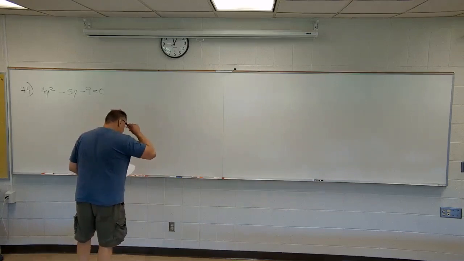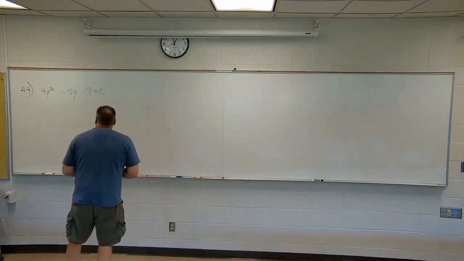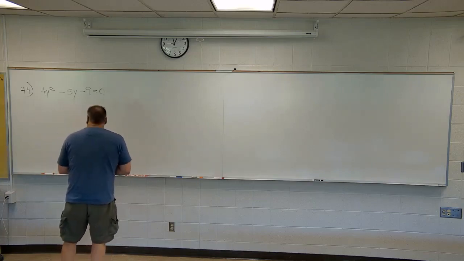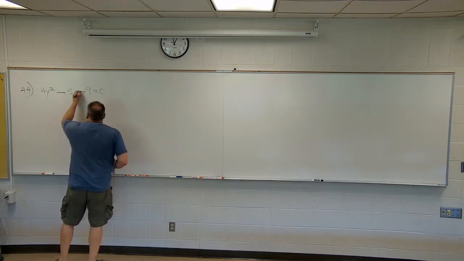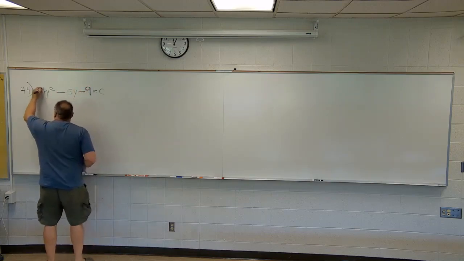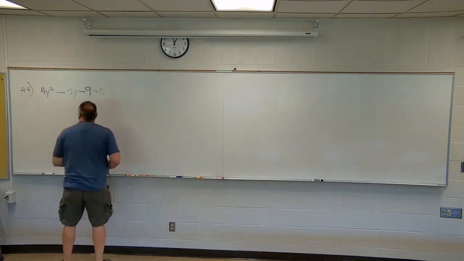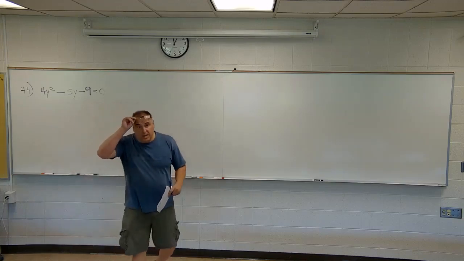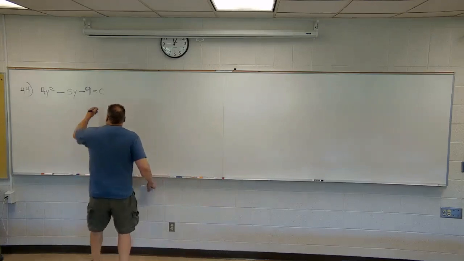So 4y squared minus 5y minus 9 equals 0. Okay, see how that looks, you guys, on my thing here? Yeah, it's okay. It's pretty legible.